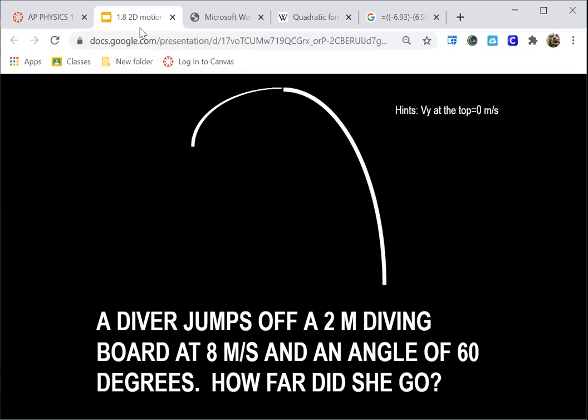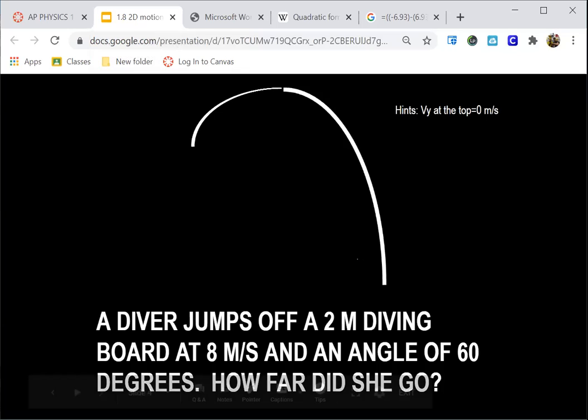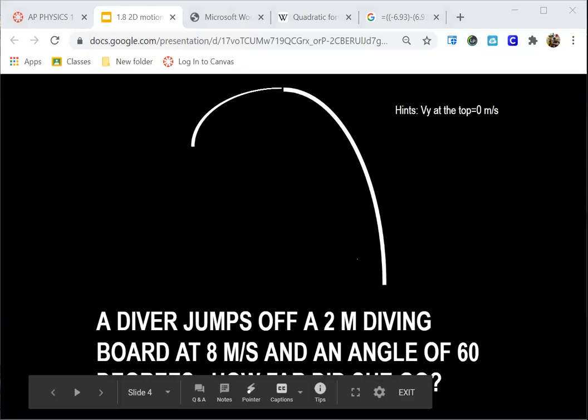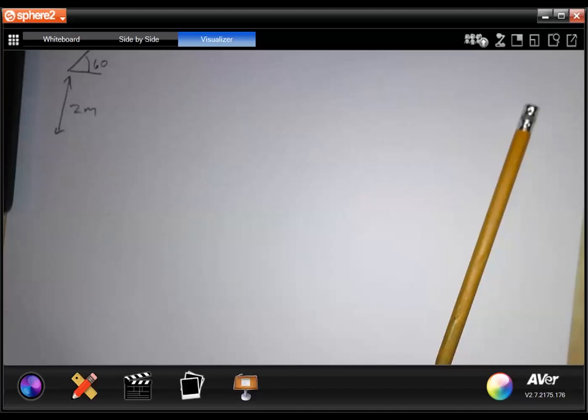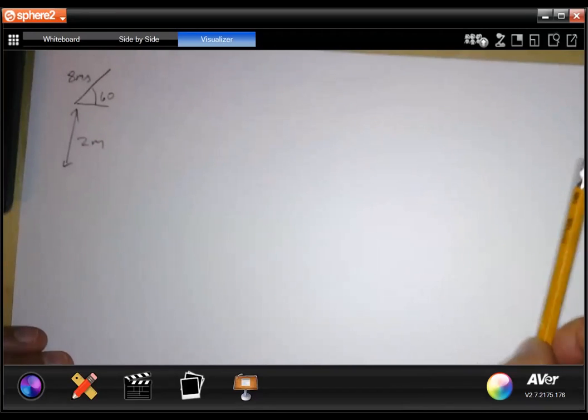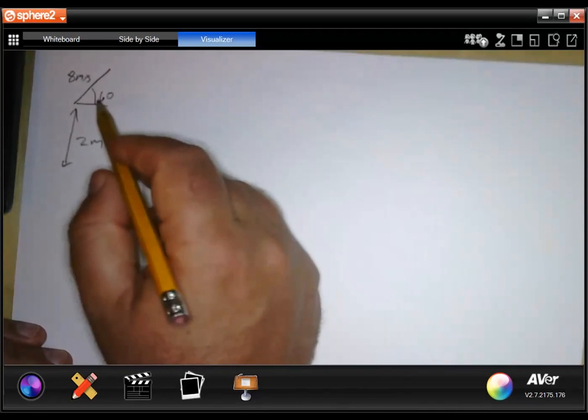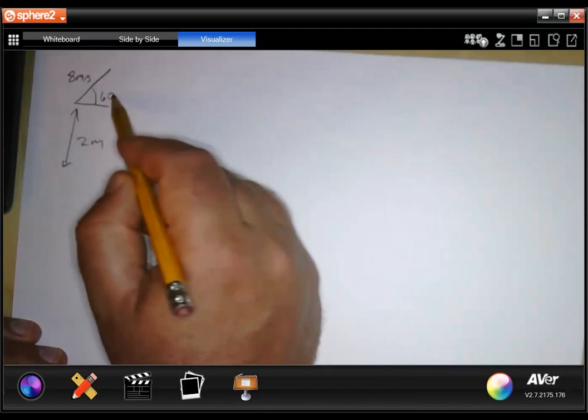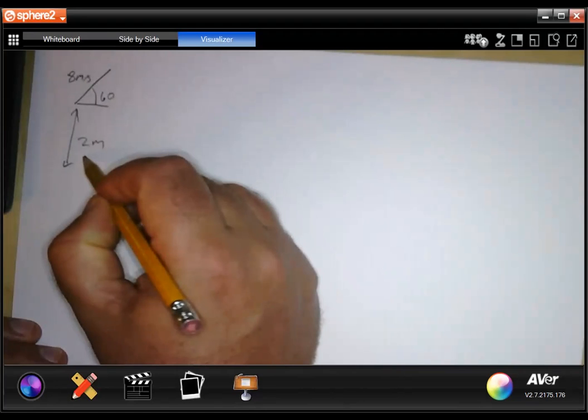So we're going to be trying to do this right here, and we're going to be doing it on the dot cam. Hopefully this comes out and it's in focus and it all works. All right, so we're looking at 8 meters per second, 60 degrees, 2 meters.